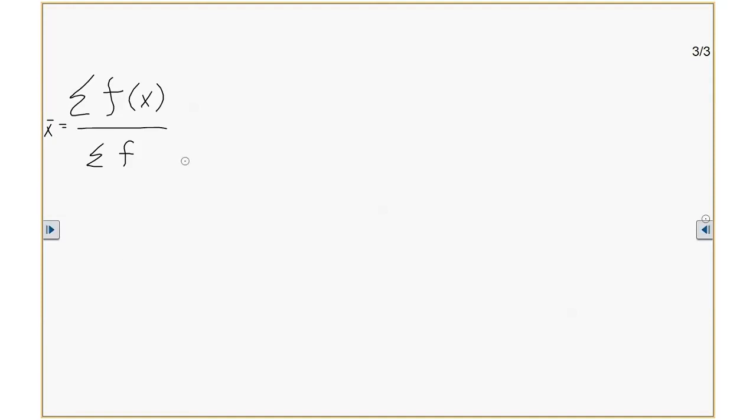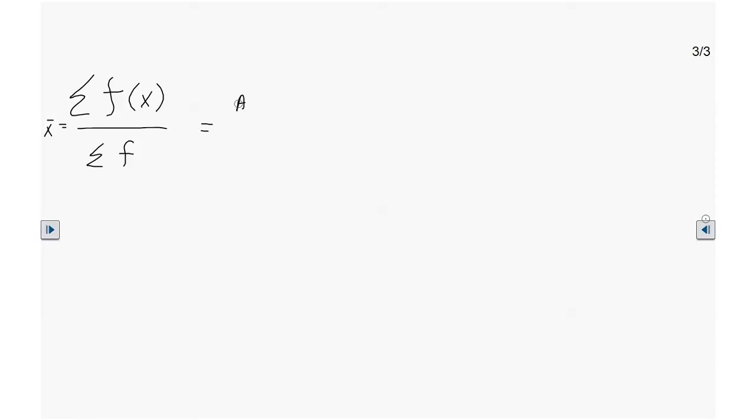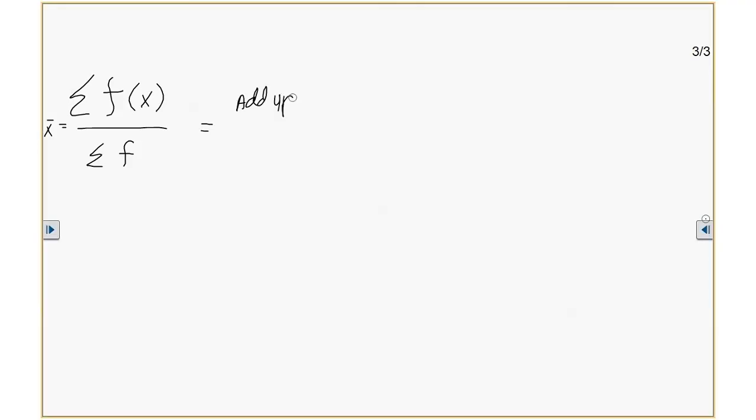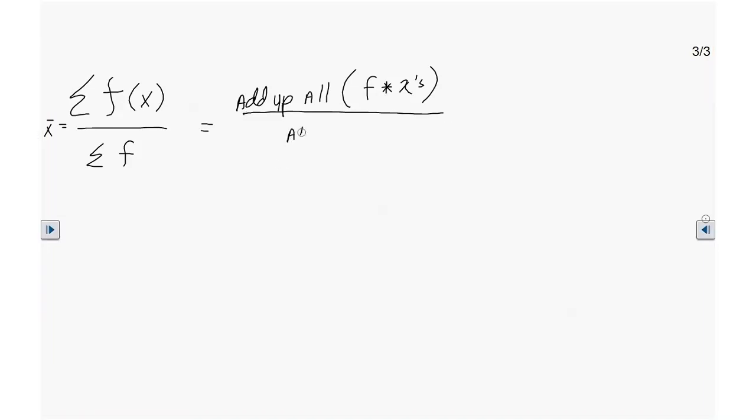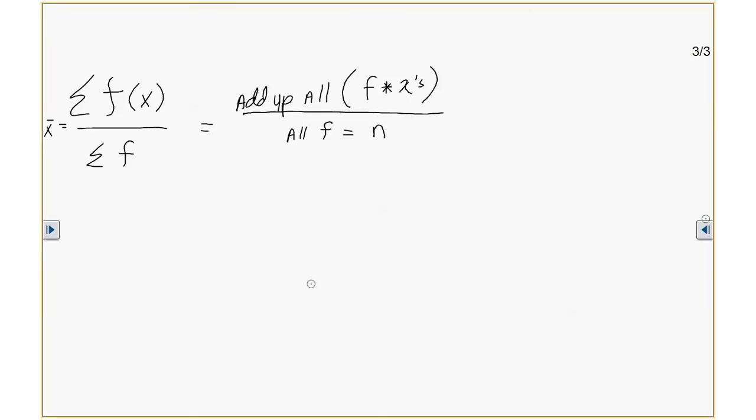So that means add up all the f times x's and put them all over all of f, which is also called what? N.